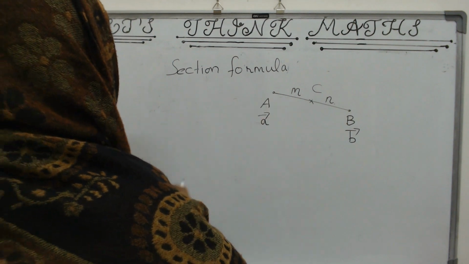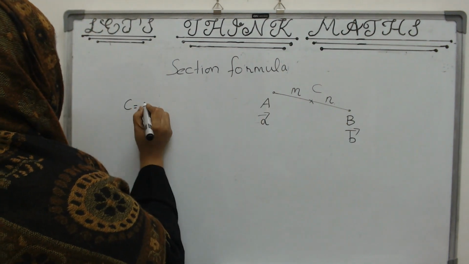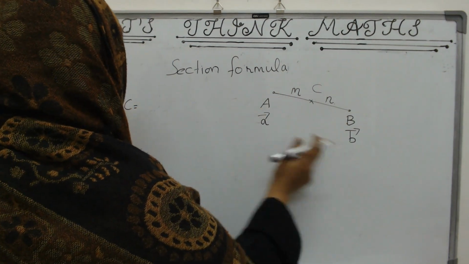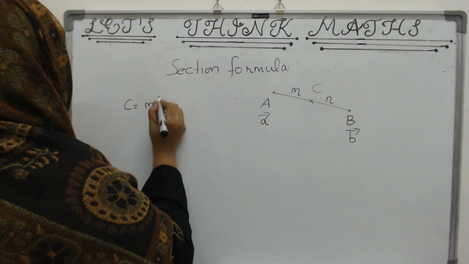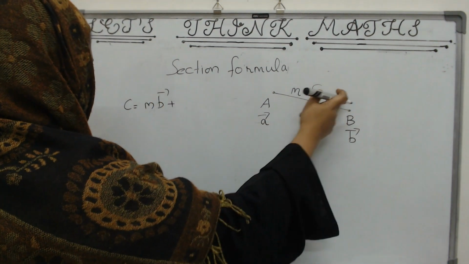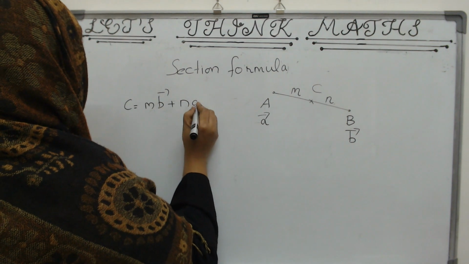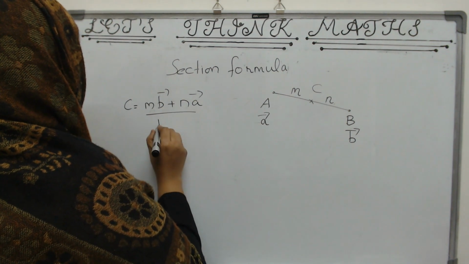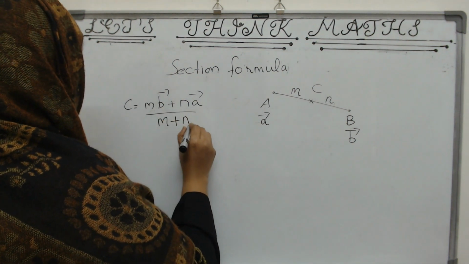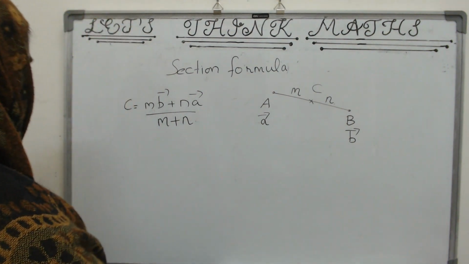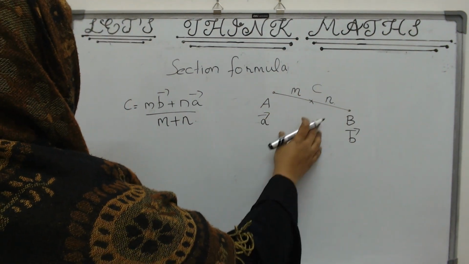Then what is that point? Then that is m into B plus n into A by m plus n.